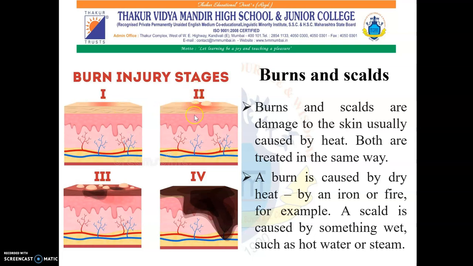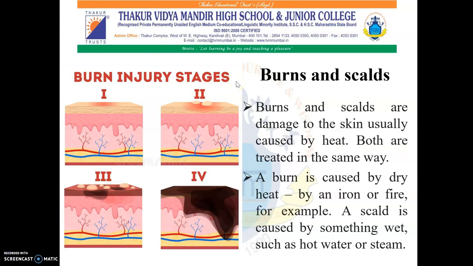If more layers are burnt, then the injury will be of stage 2, 3 and so on. In the 4th stage, you can see the skin is severely burnt through many layers. Depending upon the burn injury stages, the burn can be either a minor burn or a serious burn.